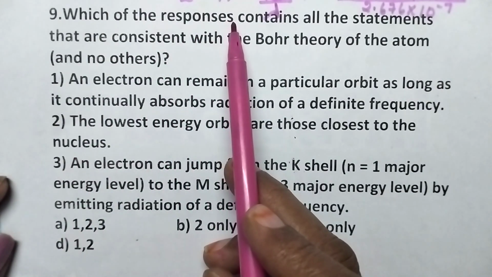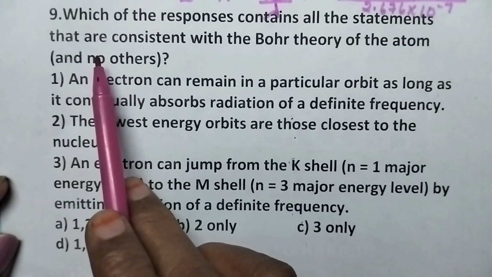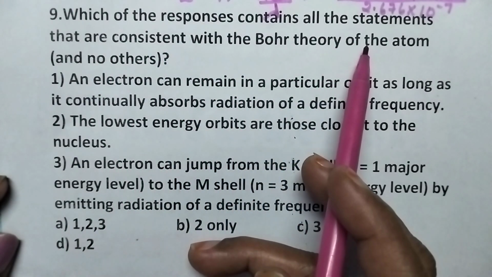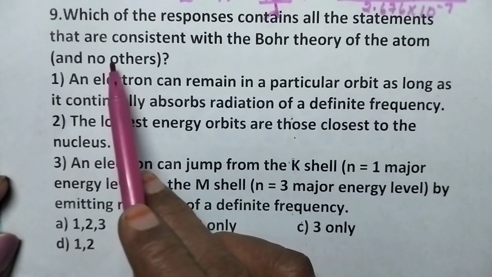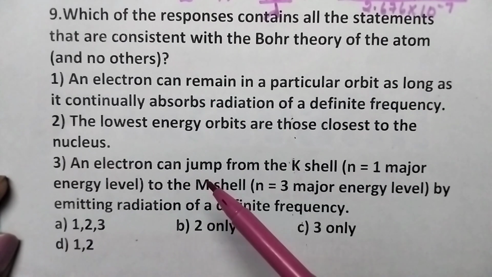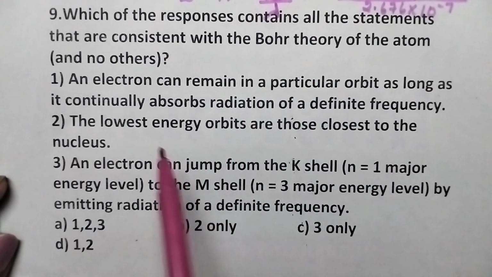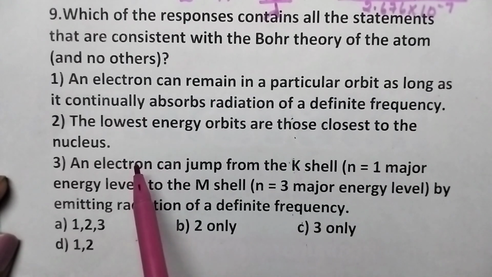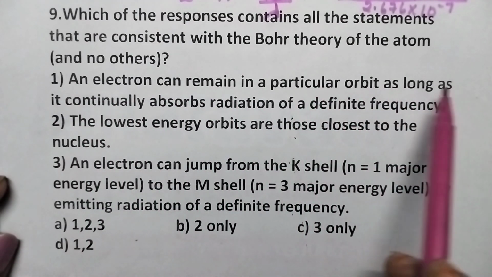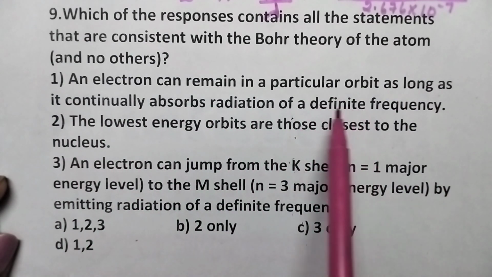Which of the responses contains all the statements that are consistent with the Bohr theory of the atom and no others? Which of the following statements agrees with Bohr's theory? According to Bohr's theory, let us see the given statements. An electron can remain in a particular orbit as long as it continuously absorbs radiation of a definite frequency.